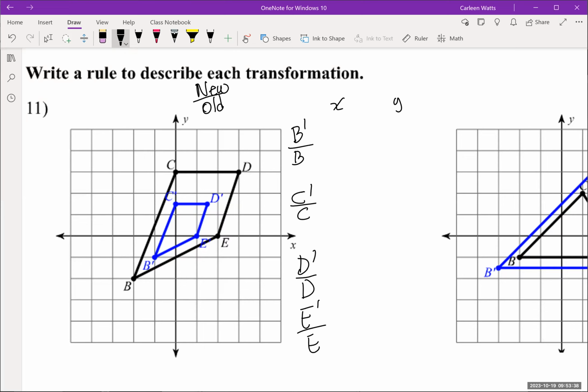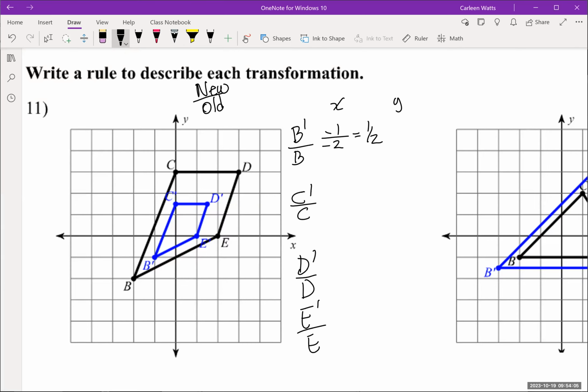The X value for B prime is -1. Everyone see that? The X value for B prime is -1. The X value for B is -2. That reduces to 1/2. Yeah. So you find two of them.